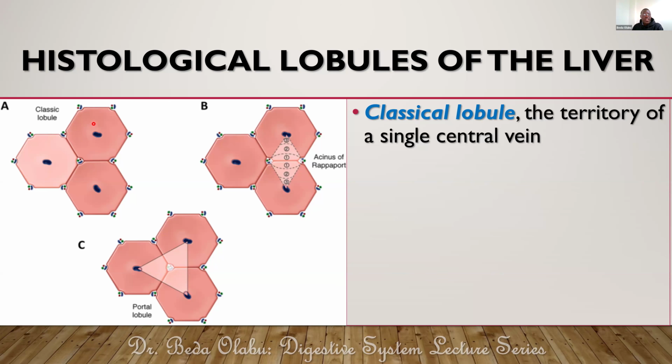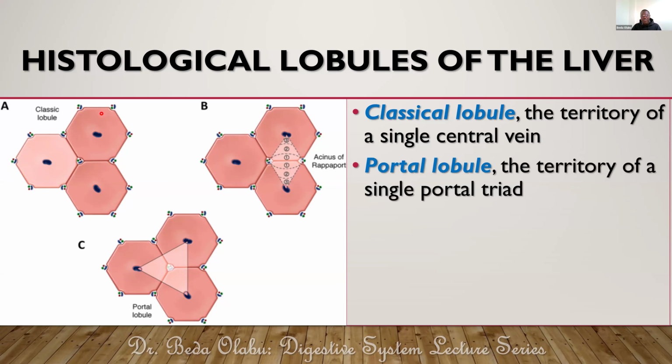It is hexagonal. The 6 corners of the hexagon contain the triad. The center of the hexagon contains the central vein. These central veins eventually join to form the hepatic vein that takes blood to the IVC.